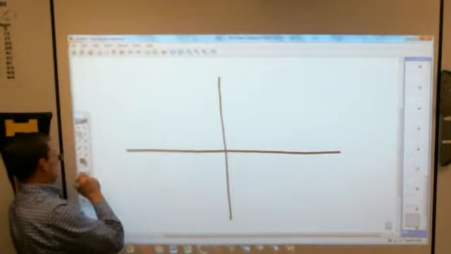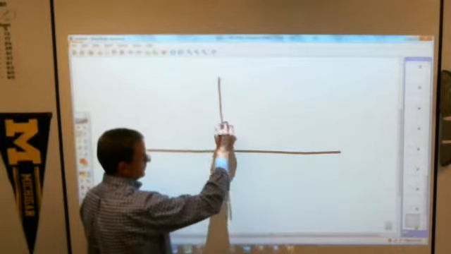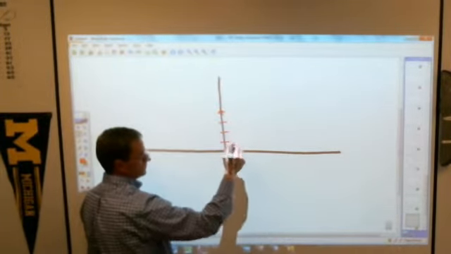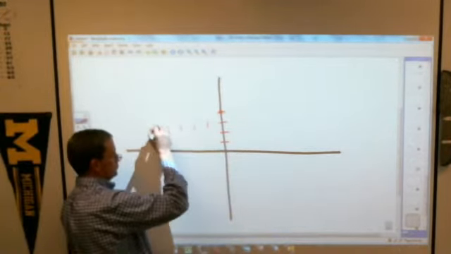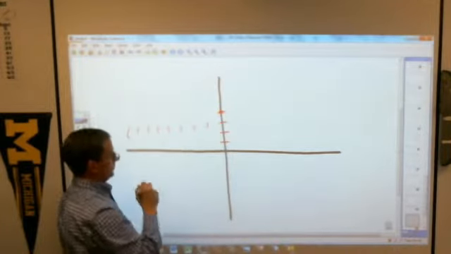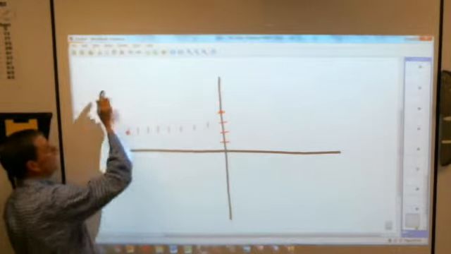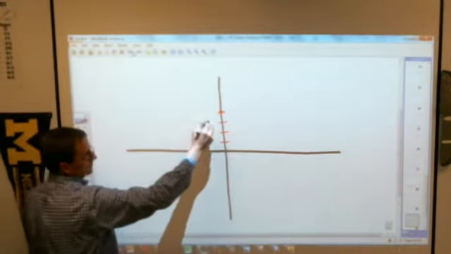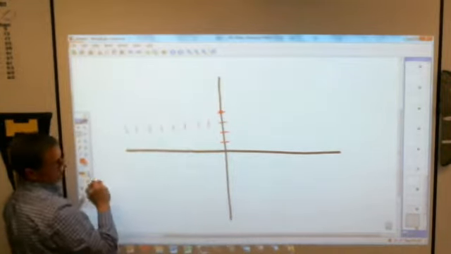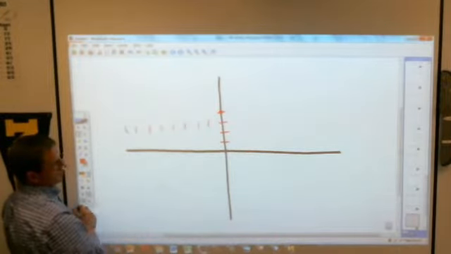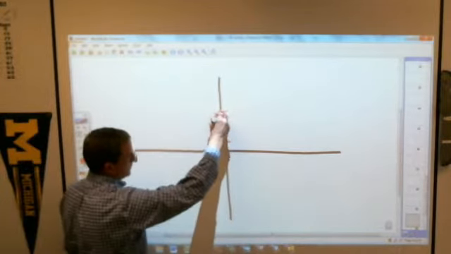There's my rectangular coordinate system. Here is my line. I kind of drifted, didn't I? Let's go up into the same one. Oh, I missed all the way to the other, didn't I? Let's try this one more time. Wait, was this point here? Yes. Oh, was it right here?